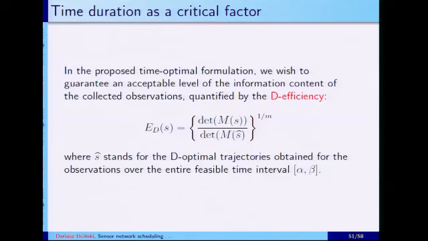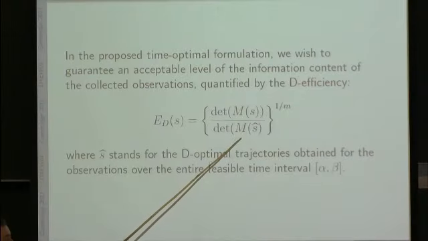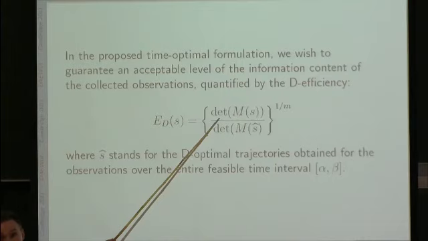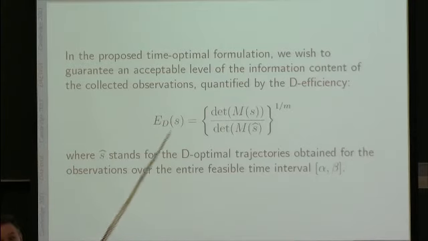In the numerator, you have the determinant of the information matrix for the current subinterval, for the current trajectories, but in the denominator, you have a baseline, that is to say, the value of the determinant of the information matrix which corresponds to the best trajectories, but for the whole time interval. If we shorten the interval, of course, the value of the determinant of the information matrix will be lower, and in this way, the efficiency will also be lower.